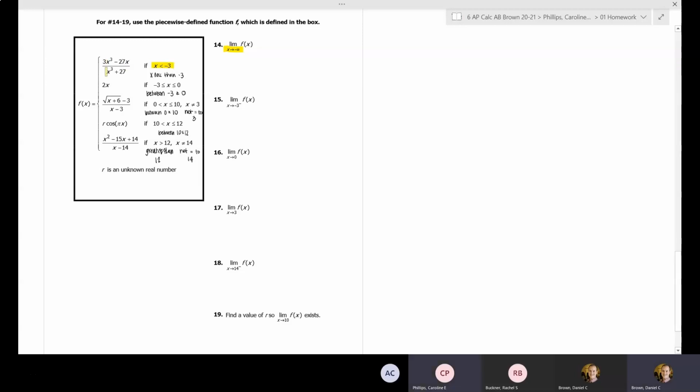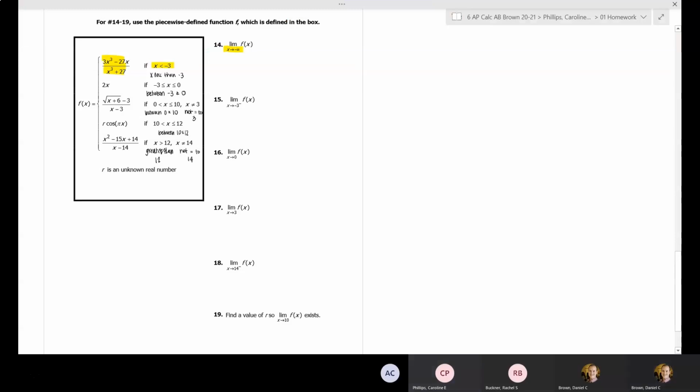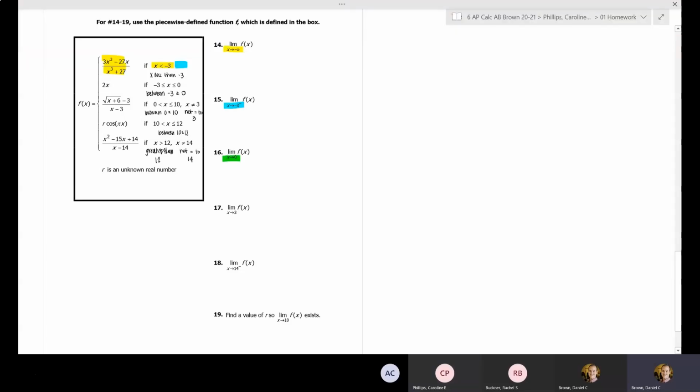Some of them you have to be careful with, like -3 from the left. If I'm coming in from the left-hand side of -3, then it's still going to be that first graph. But if I had you find the limit as x goes to 0, which function would you have to use?